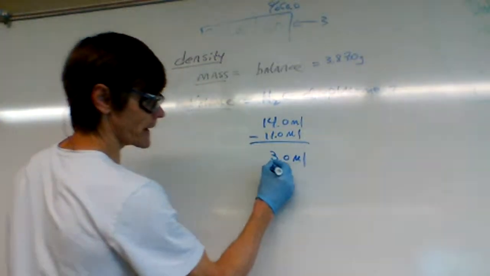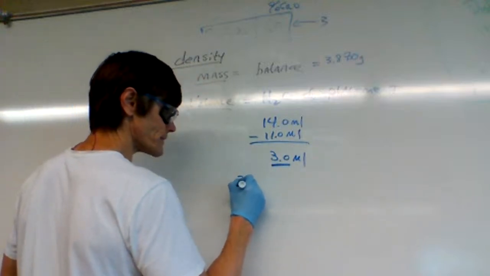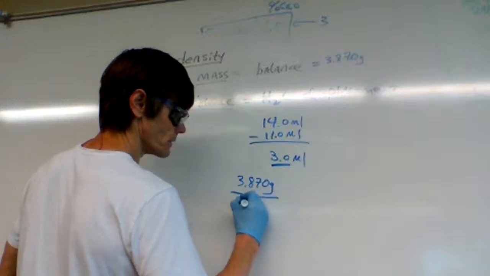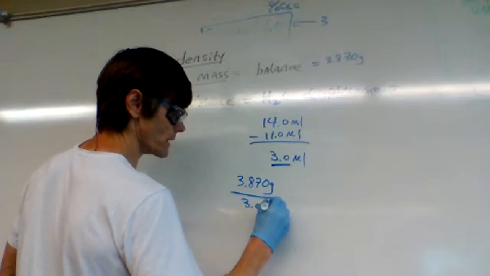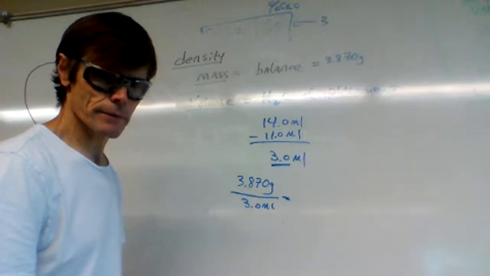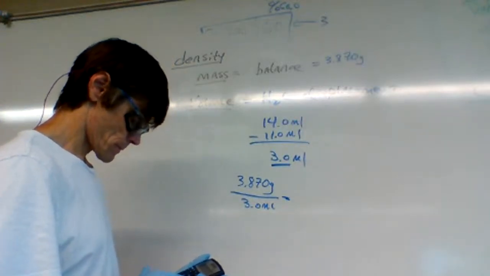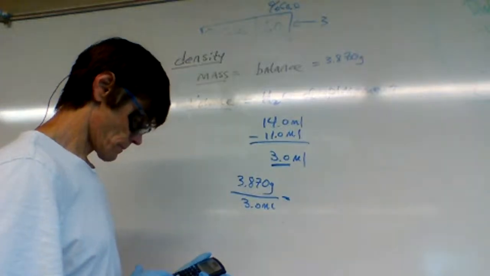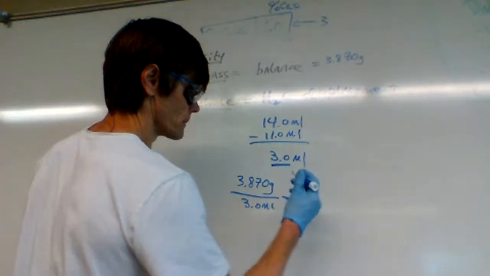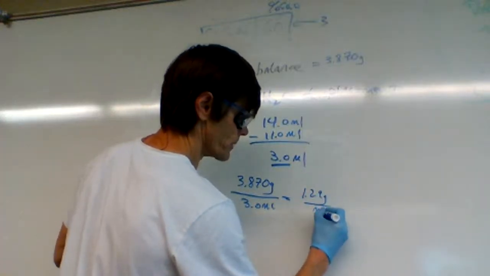So we're going to limit our answer to these two digits here, 3.87 grams divided by 3.0 milliliters. The density of that object is 1.29 grams per milliliter.